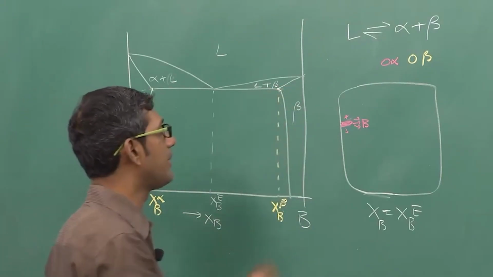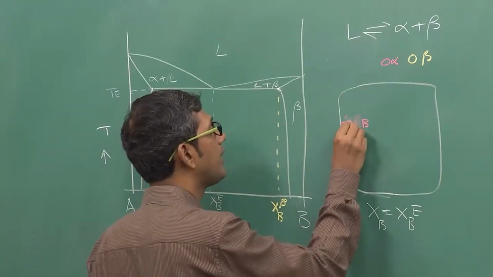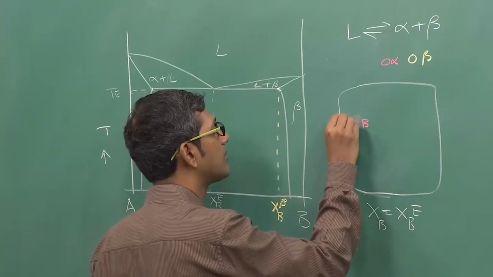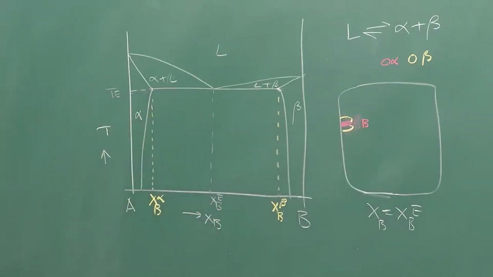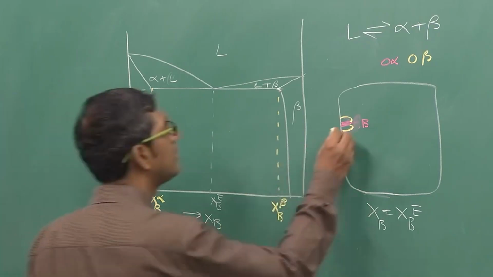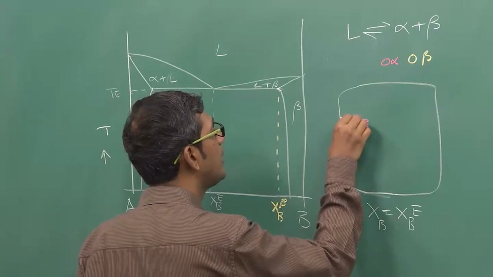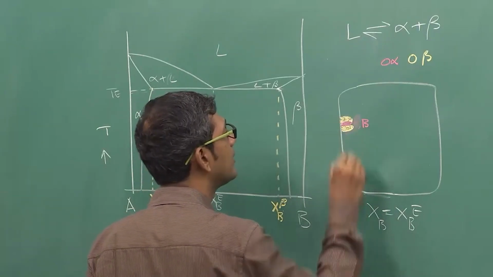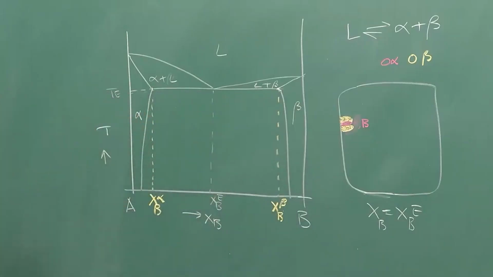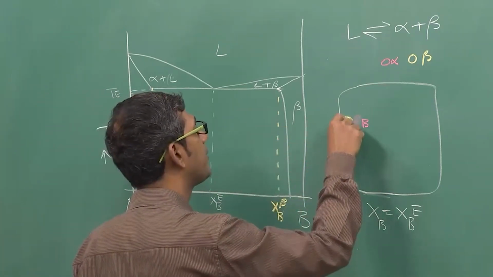As soon as that happens, there will be a finite driving force available for the beta to nucleate and grow on both sides of alpha. That is because you have sufficient B available in the region next to the alpha, or in front of alpha also, but it is always better to nucleate on top of alpha. So now I have two beta lamellae on both sides of alpha.